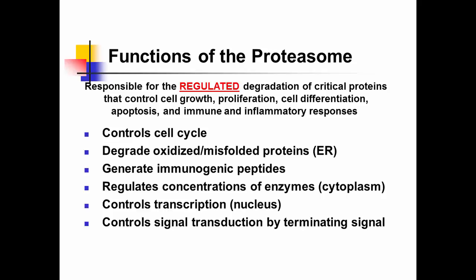Again, the proteasome degradation is responsible for the regulatory degradation of critical proteins inside of cells that control cell function, like growth, proliferation, cell differentiation, apoptosis, immune and inflammatory responses, right?